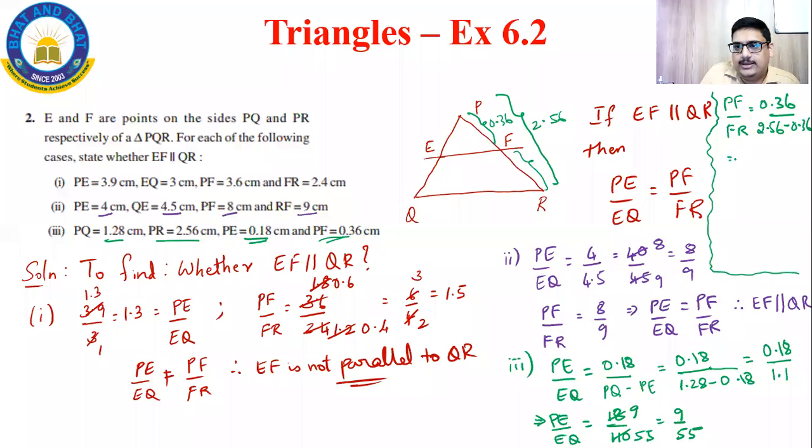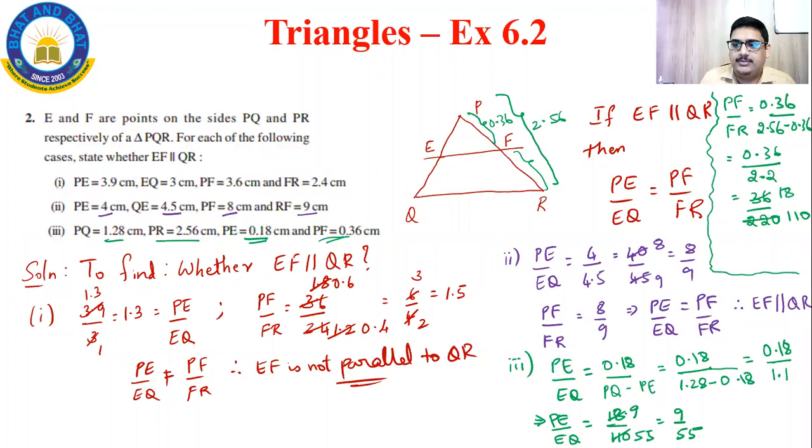So that will be equal to 0.36 divided by how much is 2.56 minus 0.36? Anybody? Yes, correct. 2.2. That is 0.36 divided by 2.20. See, 2 ones are 2, 18s are 2, 10 times.